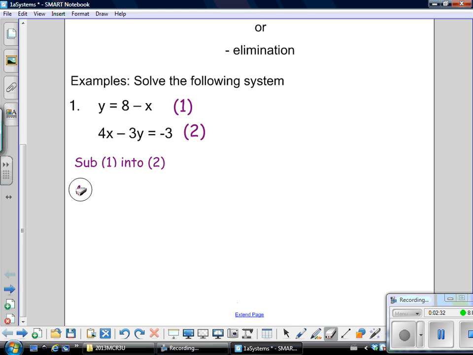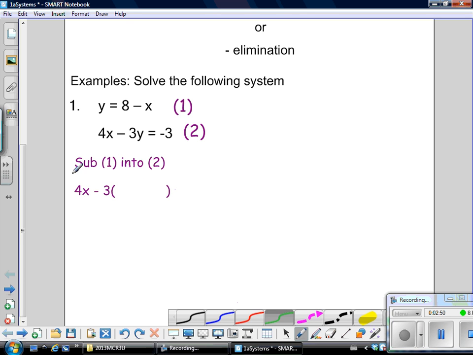I'm going to take that number 2 equation, which is 4x minus 3, but I'm not going to put the y in right away. I'm going to put in this y because y equals 8 minus x. So I'm literally going to put 8 minus x into the second equation's y, and then finish equation number 2 with minus 3.